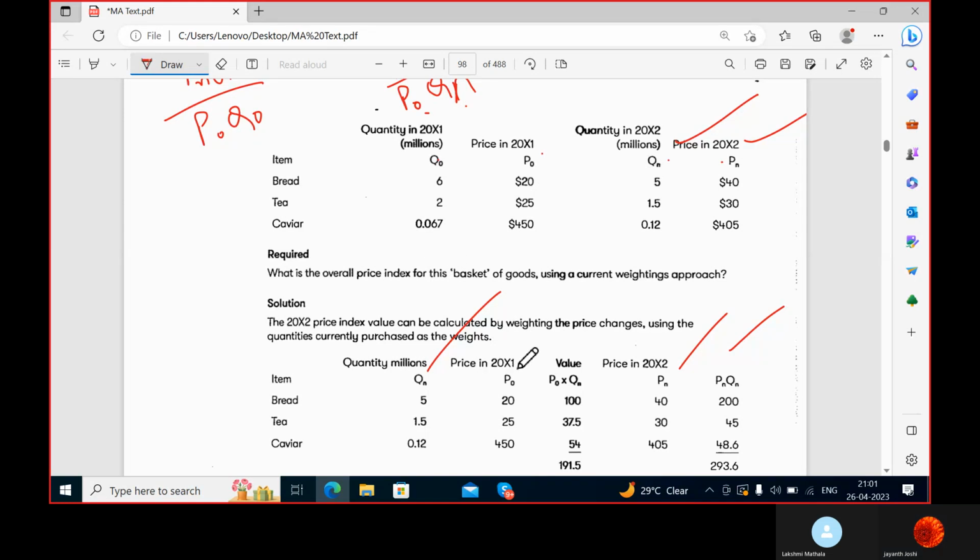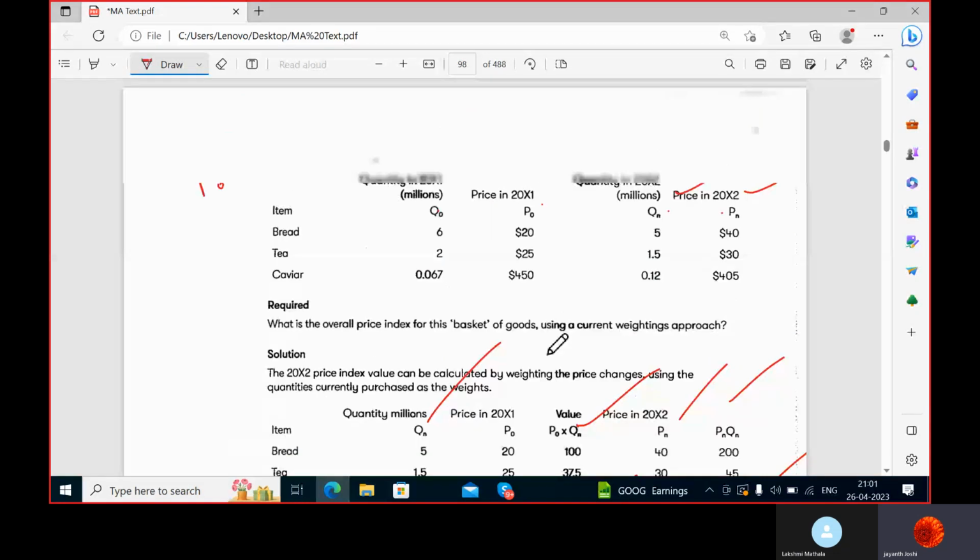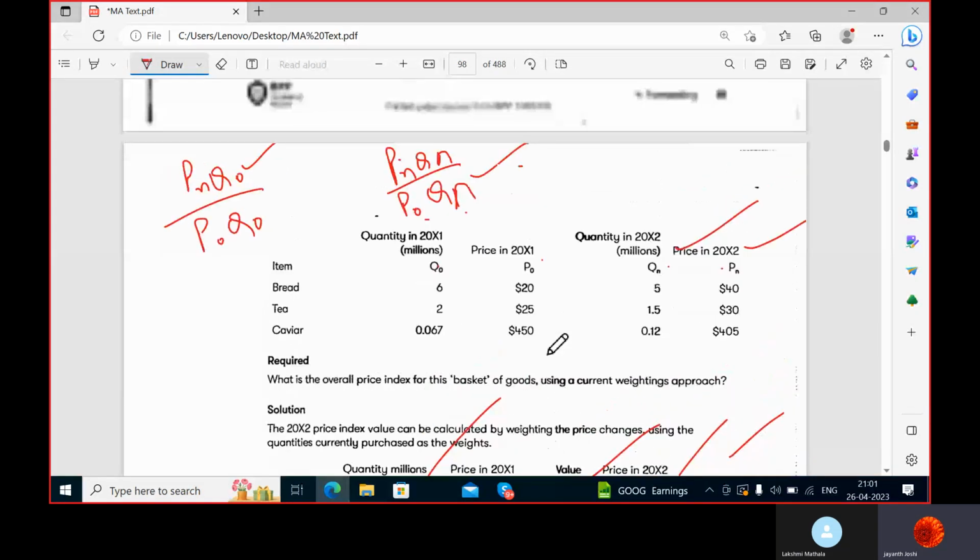This is the total, and dividing we get a 53% increment. Correct? Correct, sir. Have a look at this question. You can solve it. Take your time. I'm waiting.